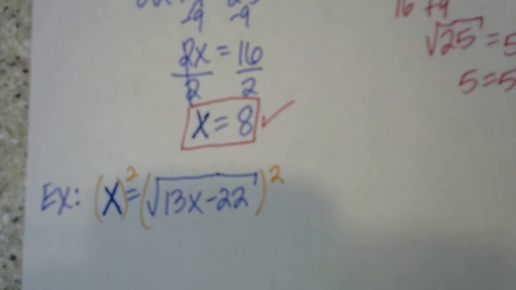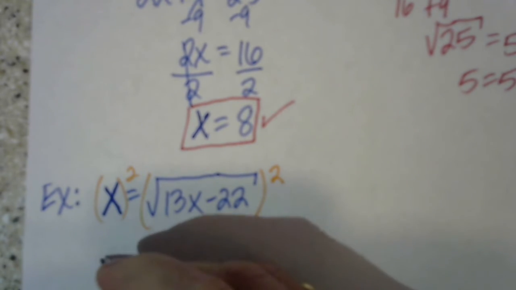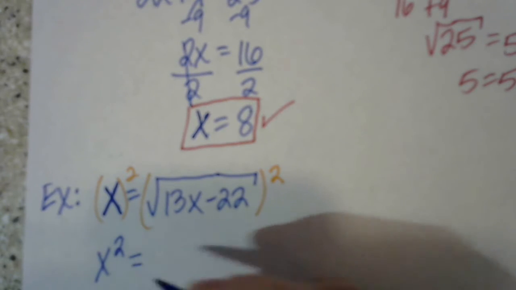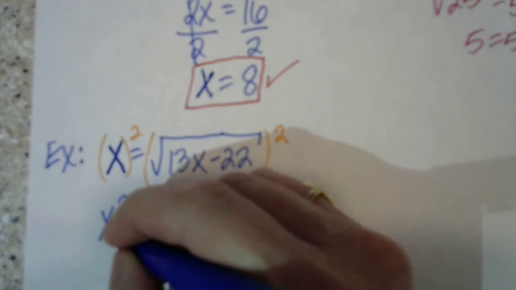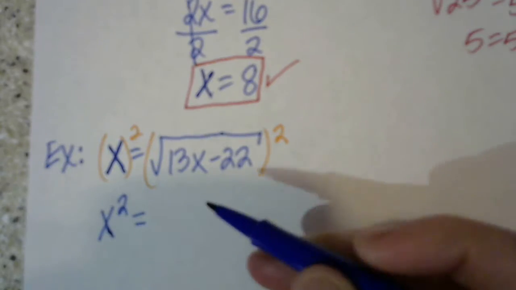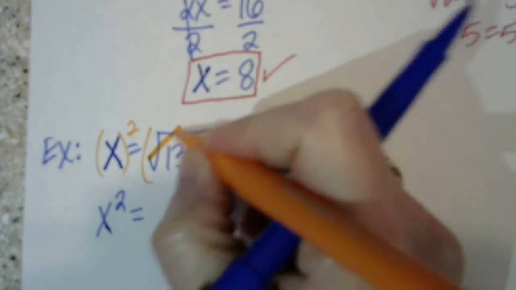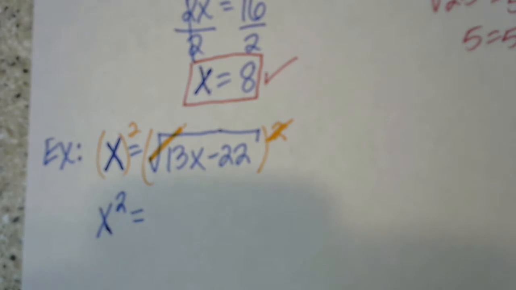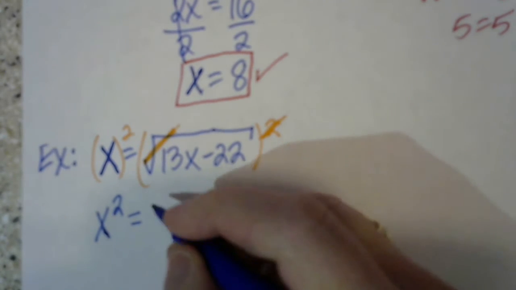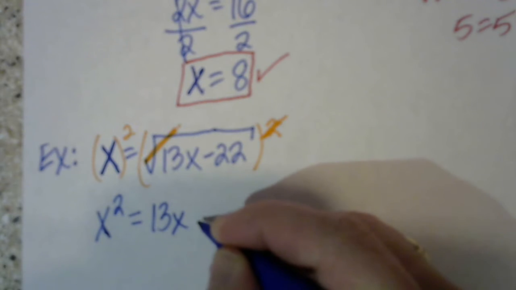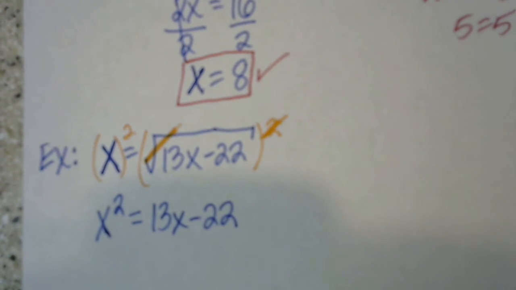Well, this time when we do that, on one side I just have x squared. Okay, that's all I can do over there. I know on this right side, I can cancel that radical with my square exponent, leaving (13x minus 22).